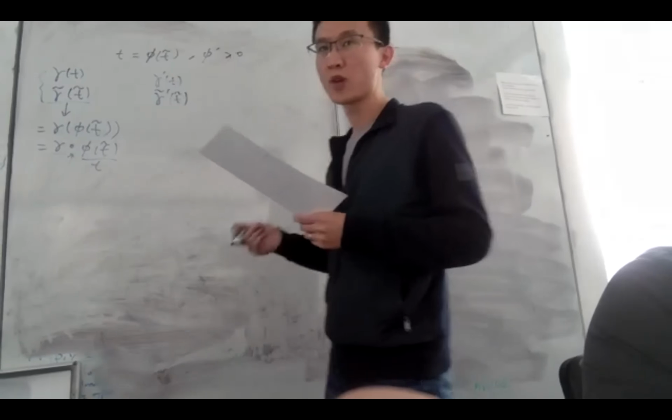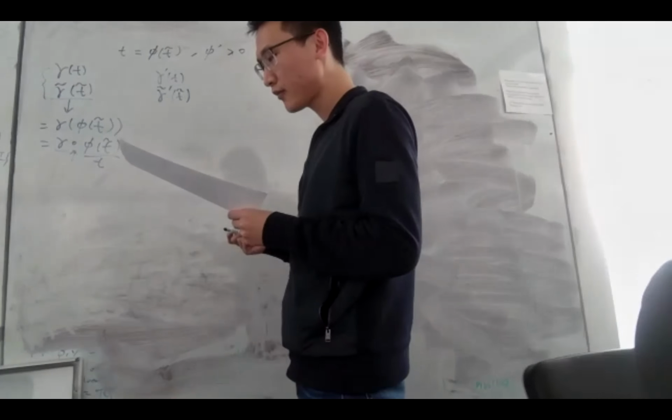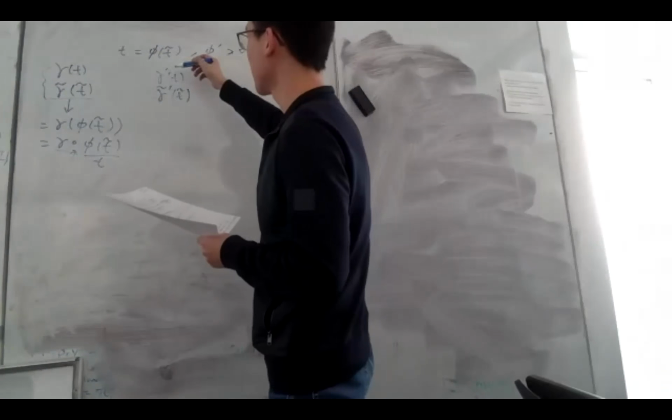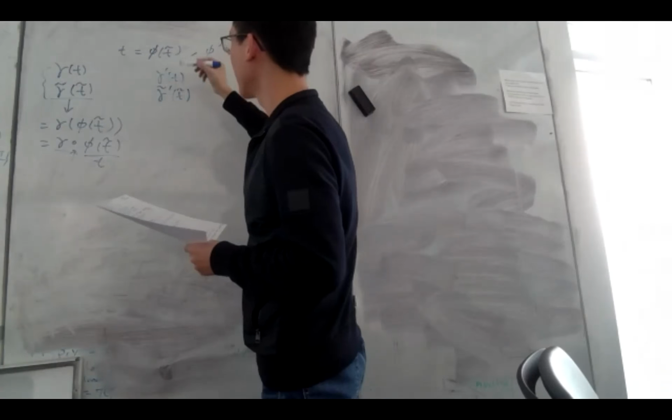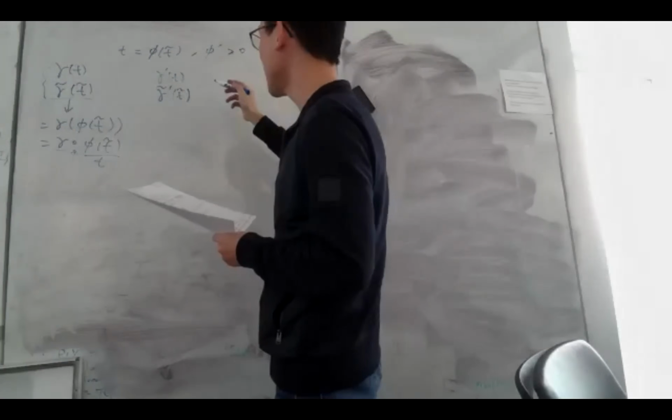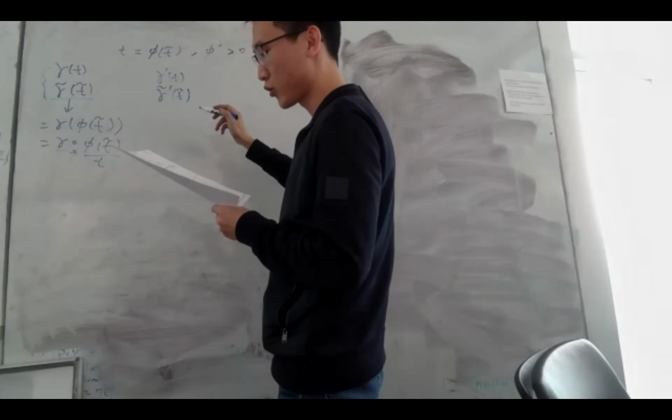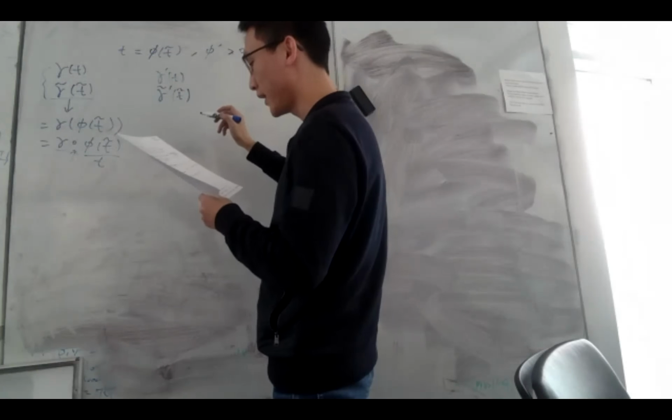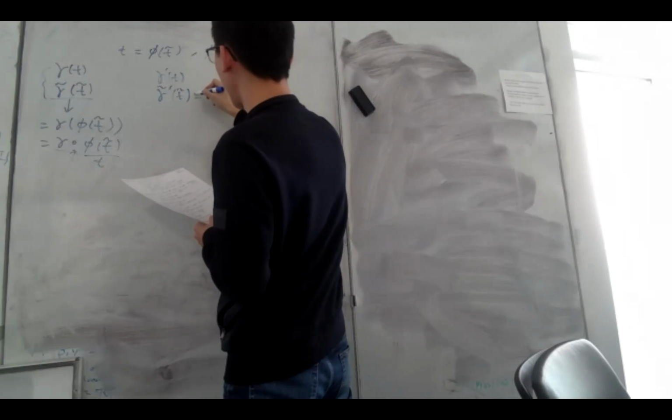So here, when we're talking about the velocity, for the first parameterization we take the derivative with respect to t. The second one, we take the derivative with respect to t tilde. But in this case, we can just apply the chain rule.